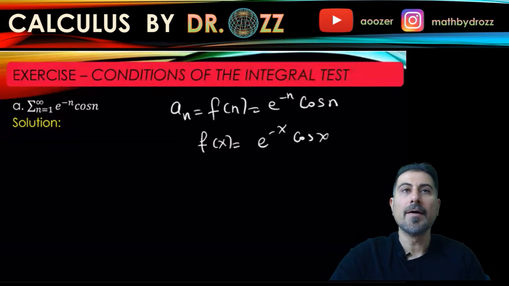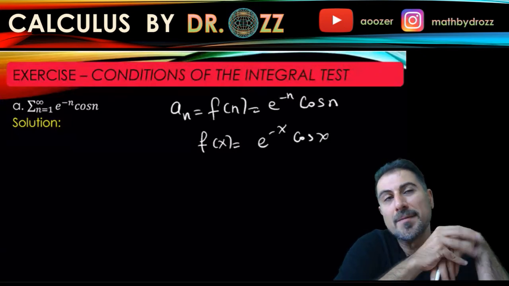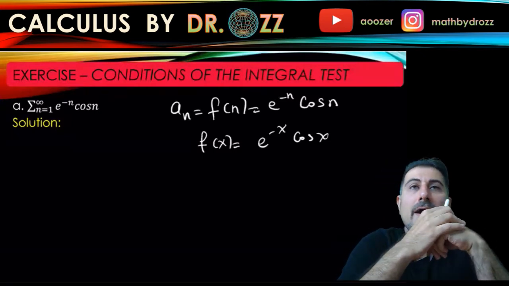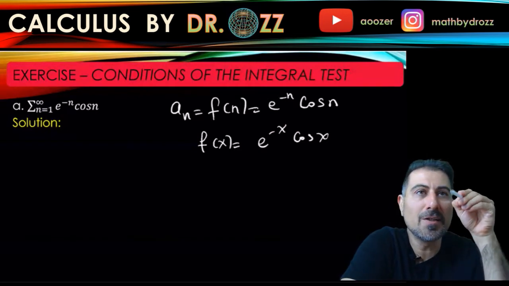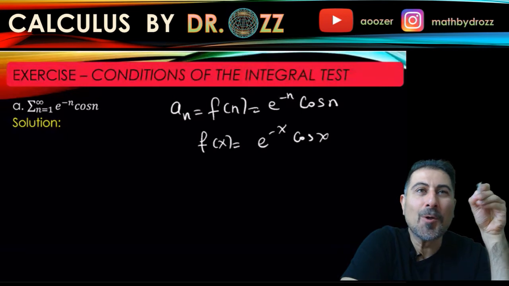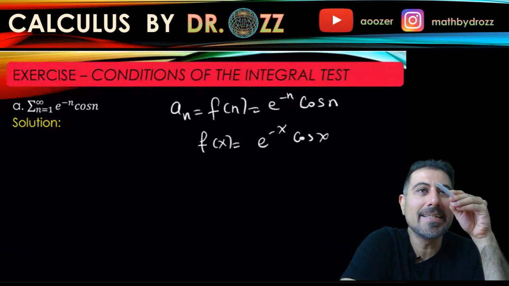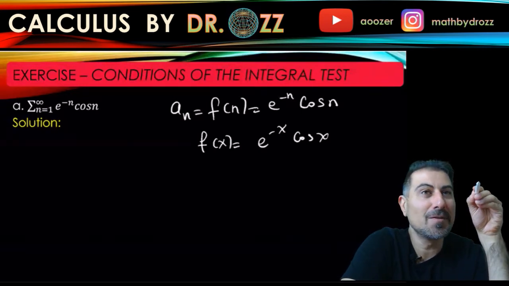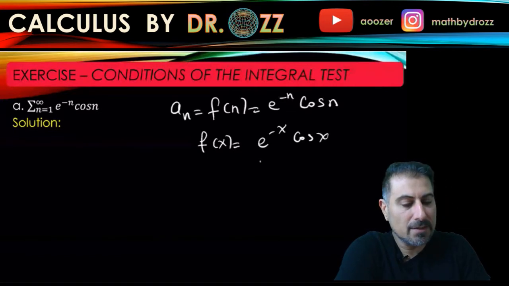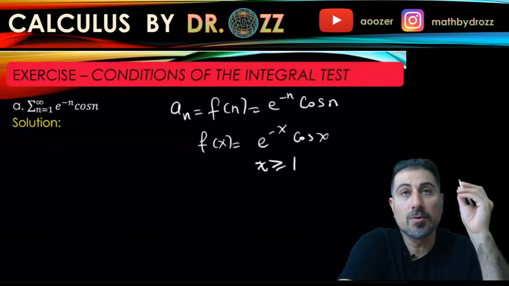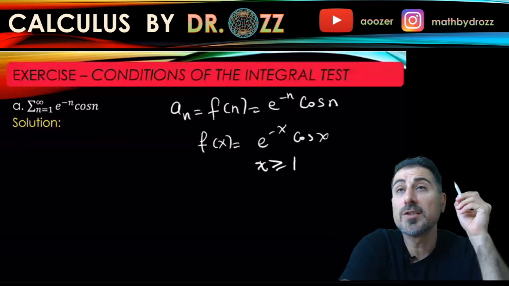That's one thing that you may remember from pre-calculus or calculus, that cosine is a fluctuating function between -1 and 1. So cosine, in fact, may take negative values depending on which x you're talking about. And in this case, x is greater than or equal to 1 because n starts from 1 here.